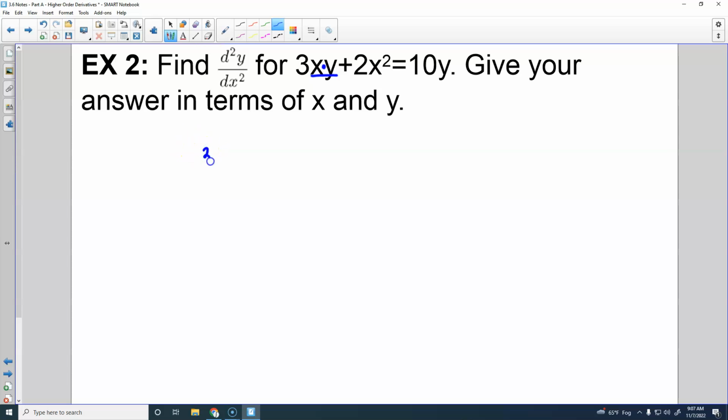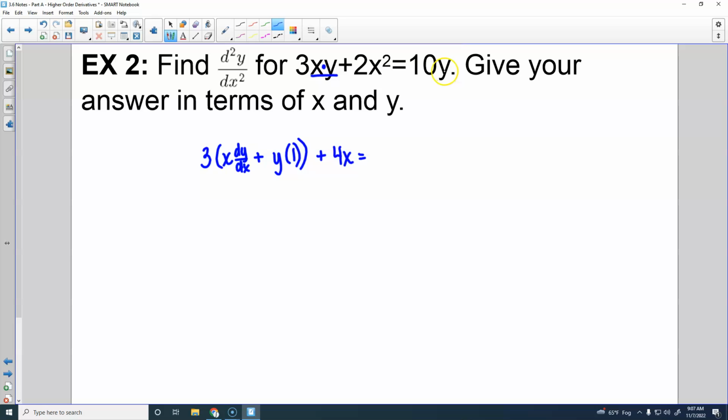Must do that here. So you got 3, and then I'm going to have x times the derivative of y, which is dy dx, plus y times the derivative of x, which is just 1 there. Then I move on to my 2x squared. That's just 4x.